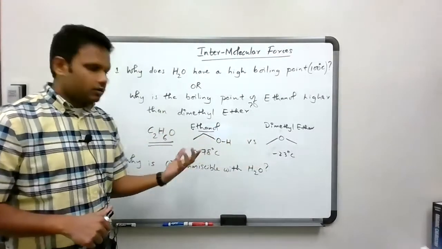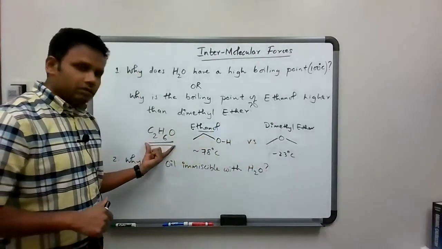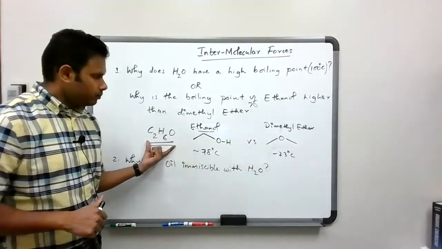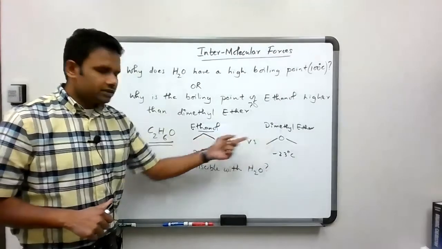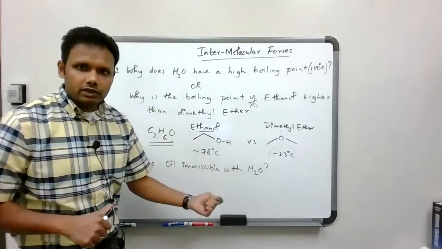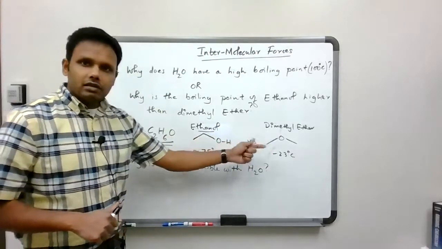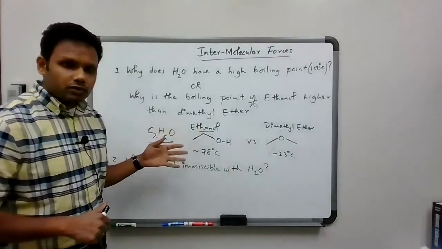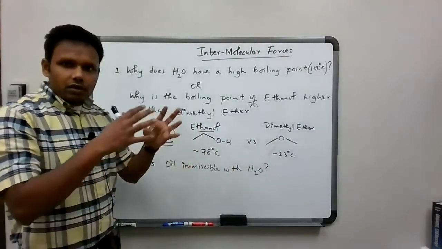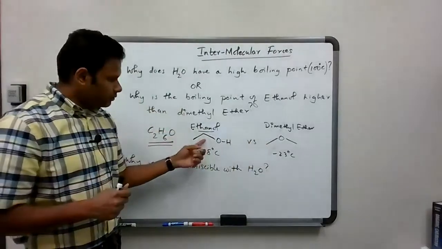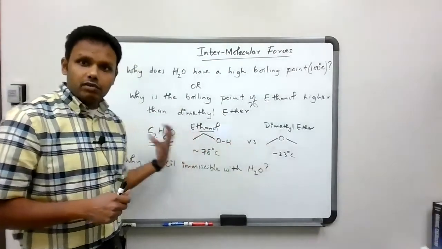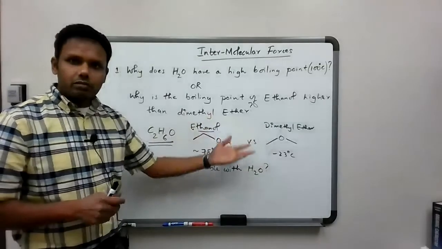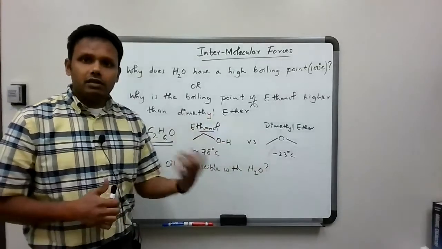If you wonder, they have the same molecular formula, but they have different structures or connectivity. That means these are constitutional isomers of each other. So two molecules composed of the same atoms, the same number of atoms, the same type, everything, have very different boiling points.